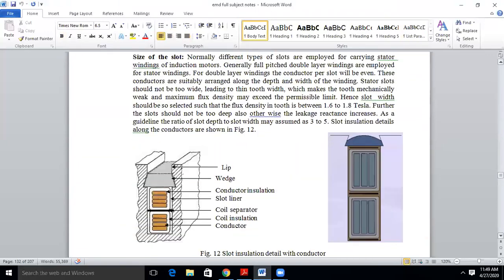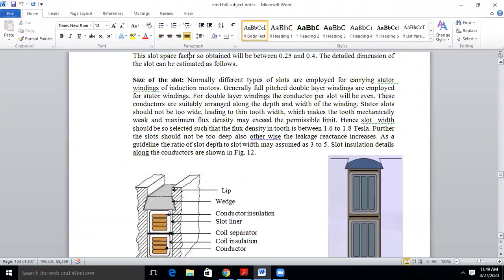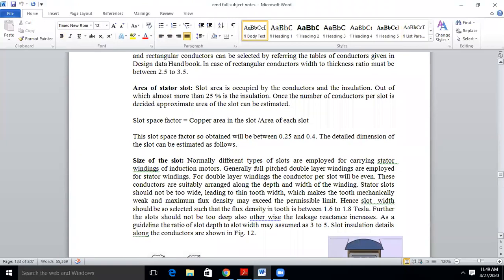In the stator slot design, the slot area is occupied by the conductor and the insulation, out of which more than 25% is the insulation. Once the number of conductors per slot is decided, the approximate area of the slot can be estimated.